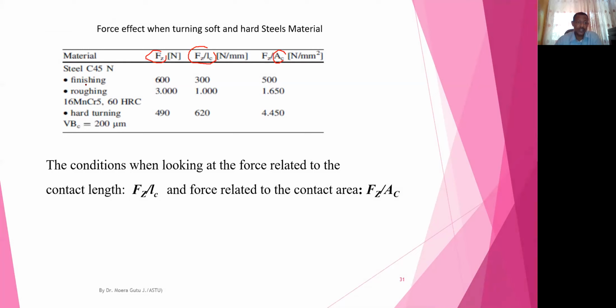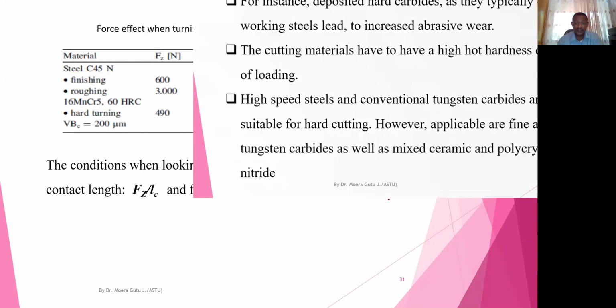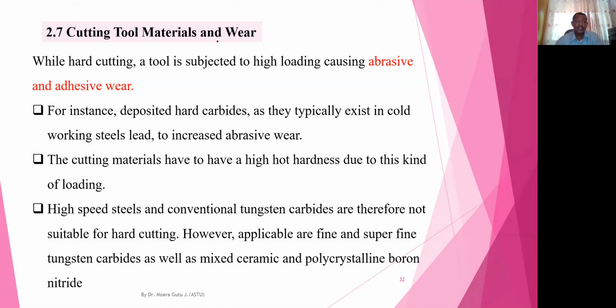So this will vary for steel material, for chromium material, or the hard turning process. So you will see the force related to the machined length and the force related to the area. Looking at the force related to the contact length, the cutting force to the contact length Lc, and the force related to the contact area is Fz, the force applied to the area, meaning the machined area.